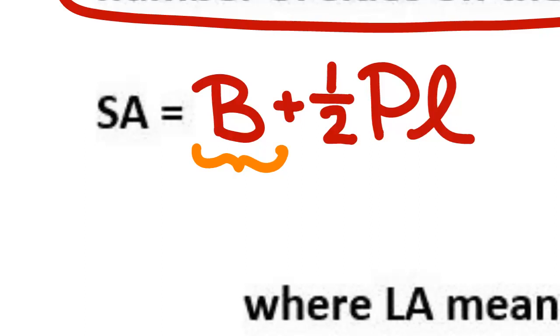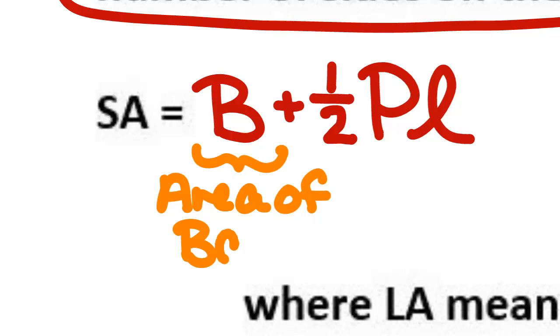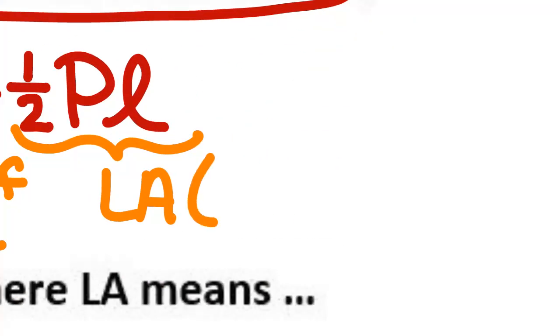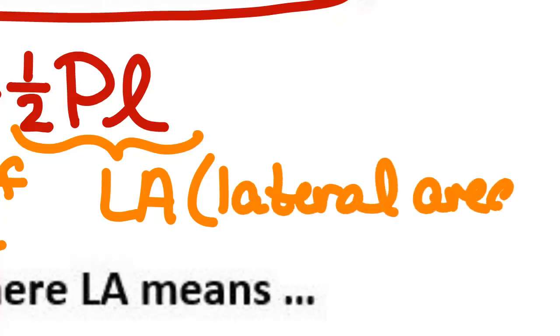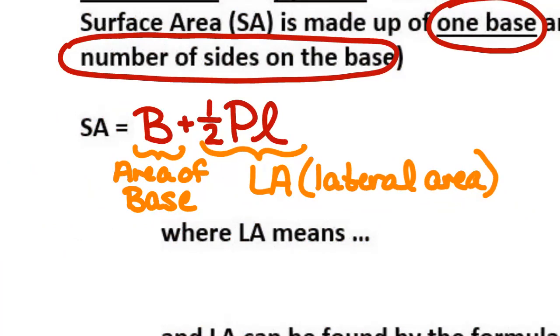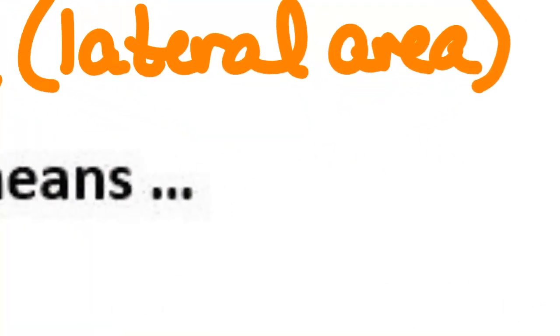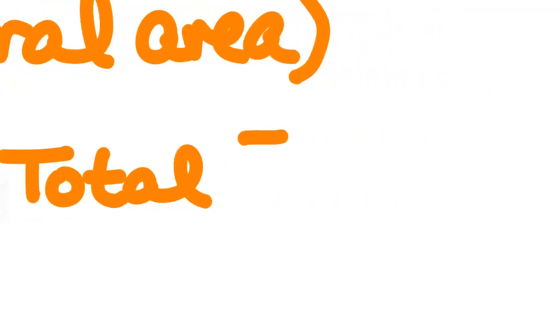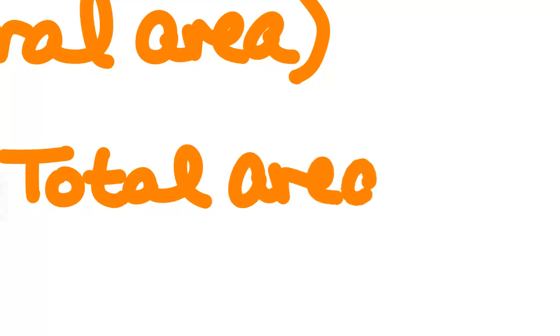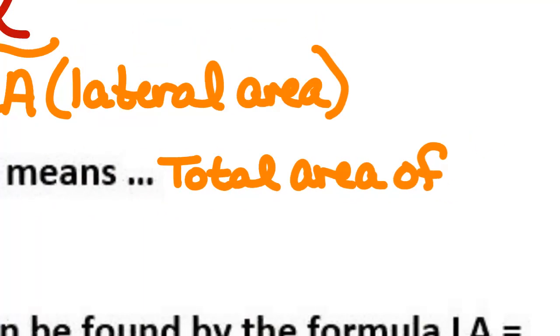So we have the area of the 1 base, and then the 1/2 P times cursive L. We call that the lateral area, LA. This is the area of all the little triangles. Lateral area means total area of all the lateral faces.